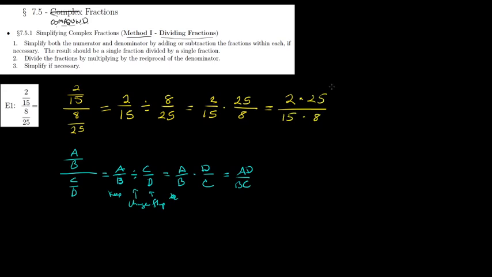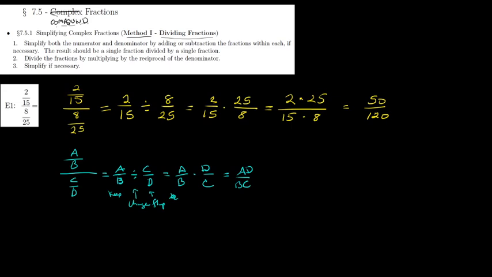Okay. Now, you might wonder why didn't I do that in my head. Why didn't I just do 2 times 25 is 50 divided by 15 times 8? Oh, I have to think about that for a second. I think that's 120, 15 times 8. You're welcome to use your calculator, of course. Yep, 120. All right. So why didn't I do that? Well, I just did, I guess.